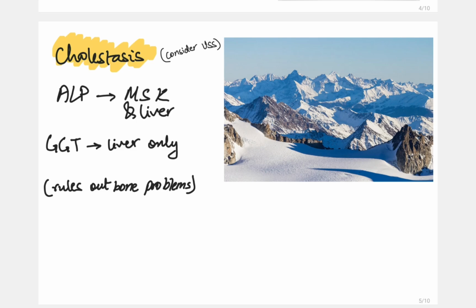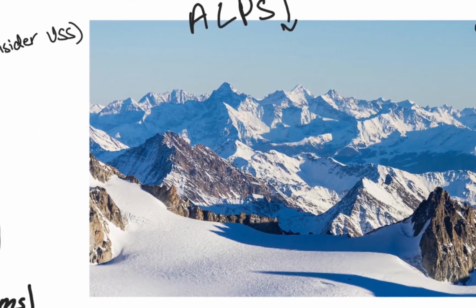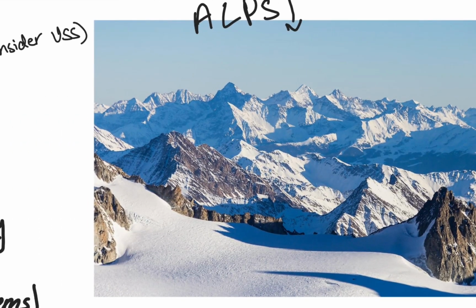So the way I like to remember this is ALP kind of reminds me of the Alps. So we have a picture here of the Alps. The Alps is a big mountain range. It's got a bunch of different mountains all put together. And so I like to think of these mountains as all the different problems that it could be.